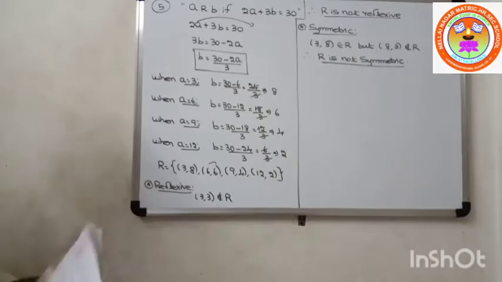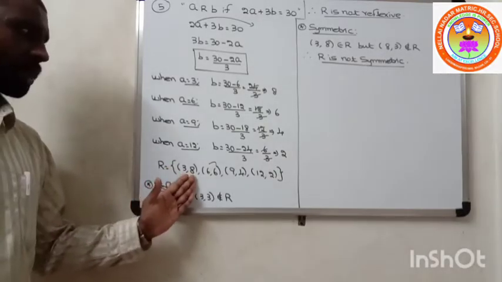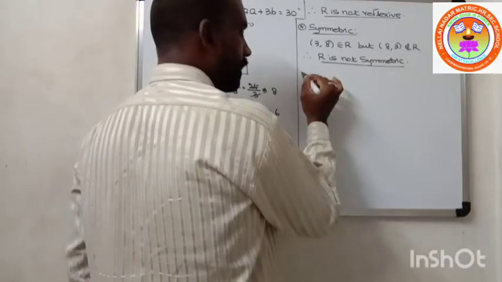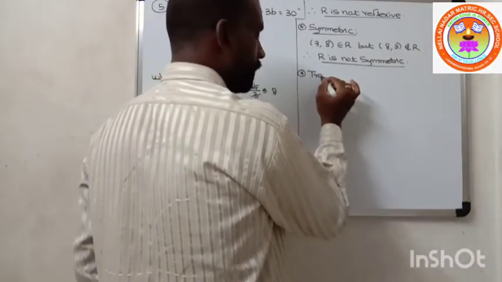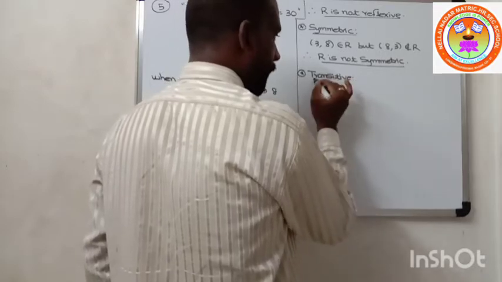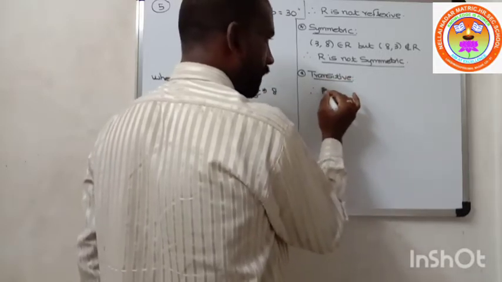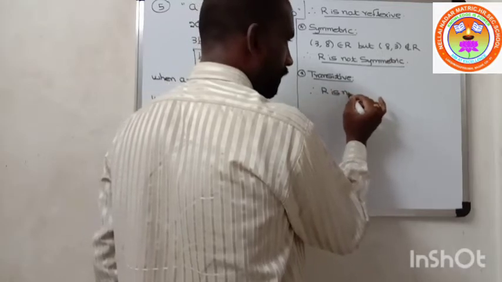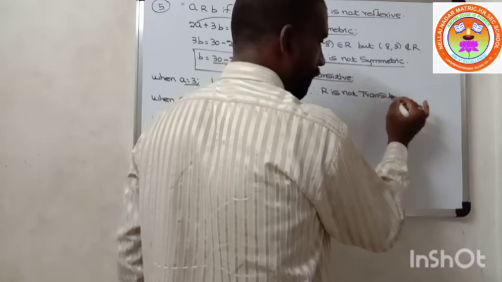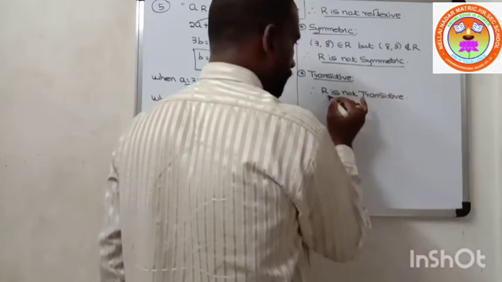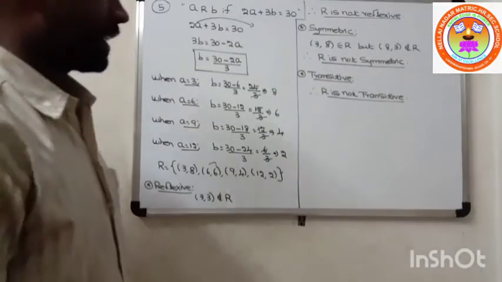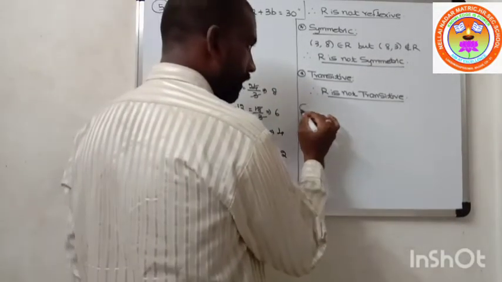Transitive also not satisfied. 3 comma 8 belongs to R. 8 comma something is not given. So R is not transitive.